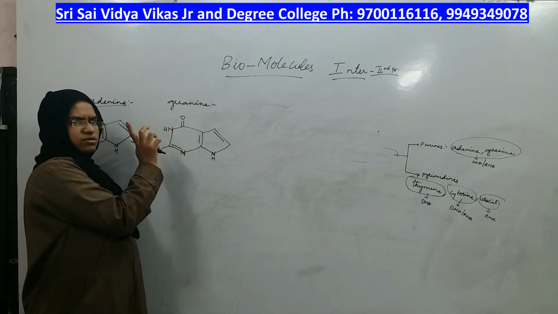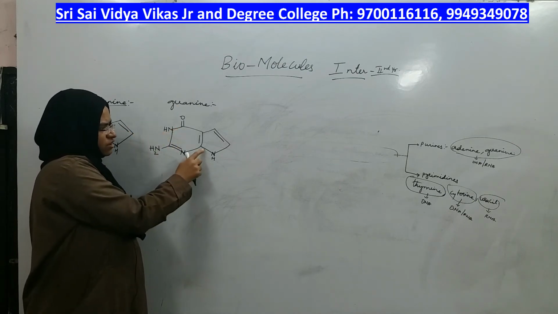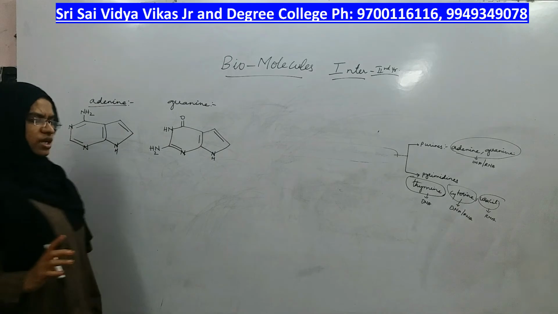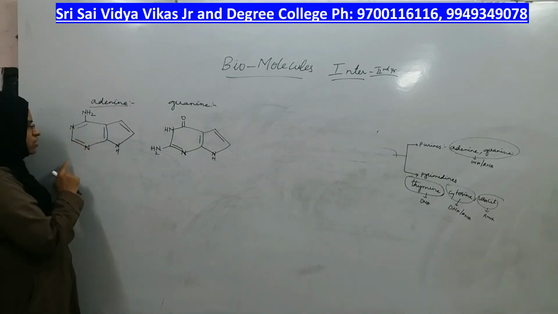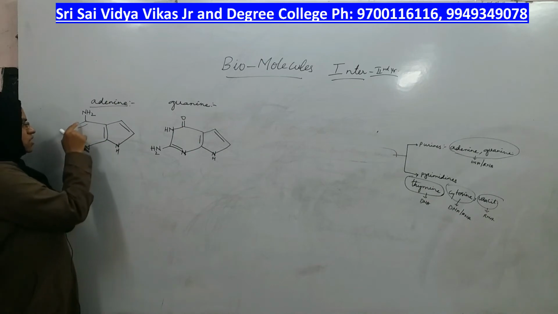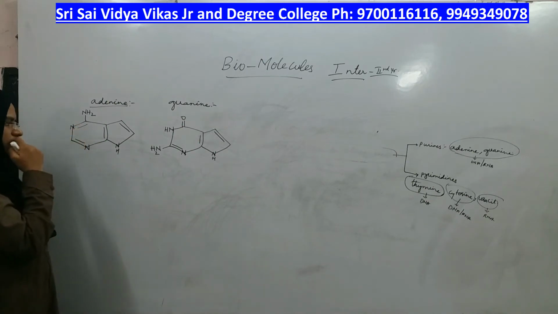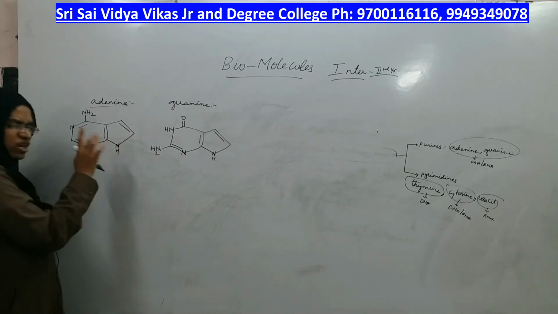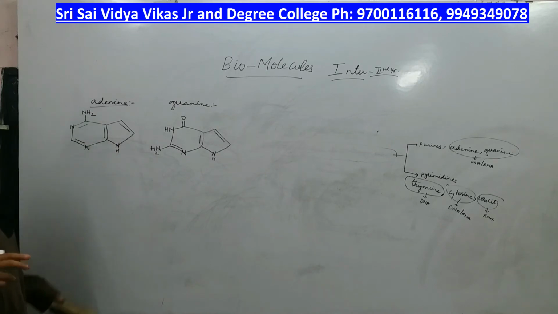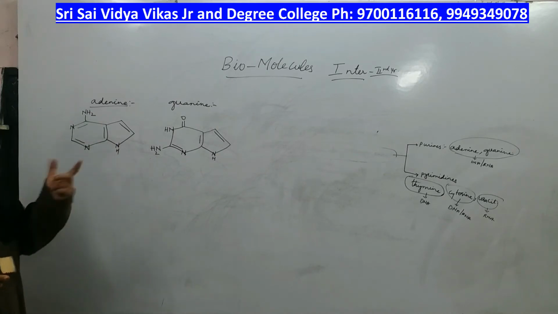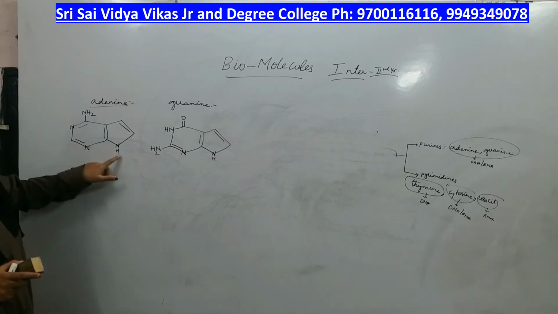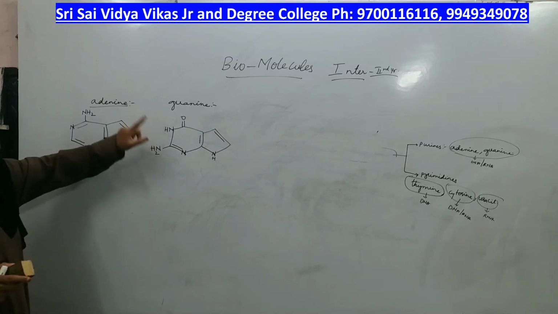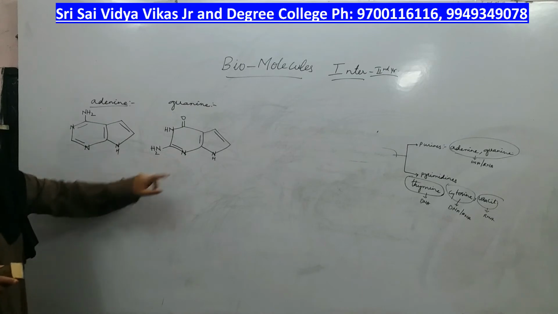Here only 2 bonds, therefore H. 1, 2, therefore H. Right? Same way here also 1, 2, 3. No need of any hydrogens. 1, 2, 3. No need of any hydrogens. But here 1, 2, therefore hydrogen is a must. Just like that, at some nitrogens there should be hydrogen, and at some nitrogens there should not be any hydrogen.